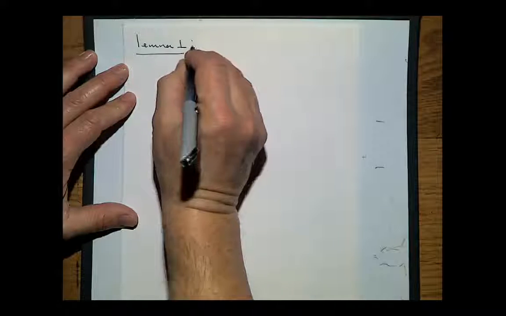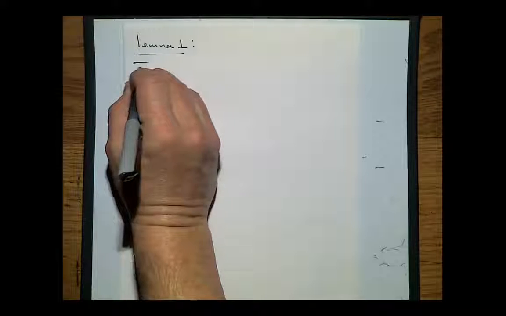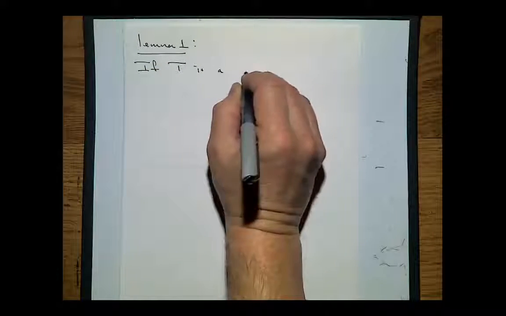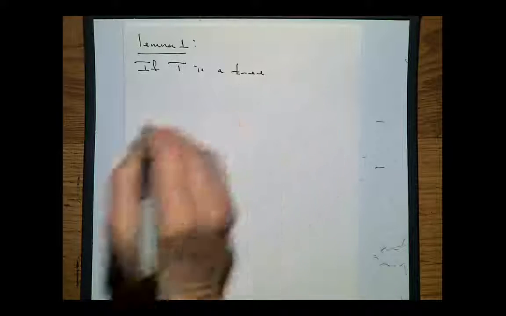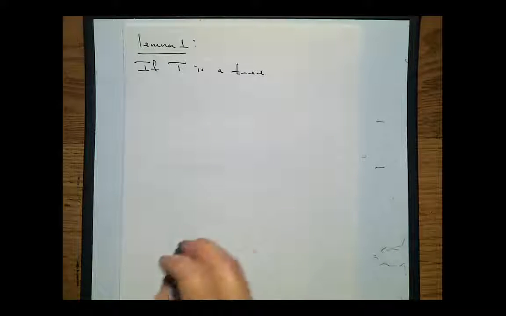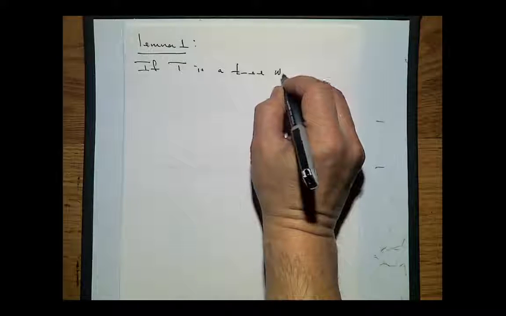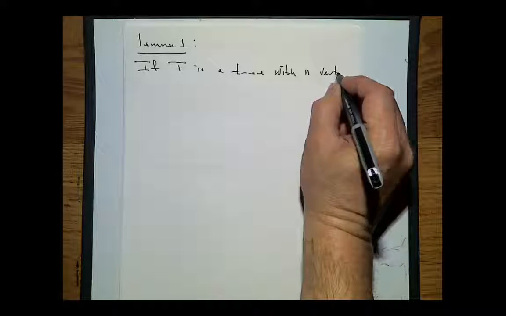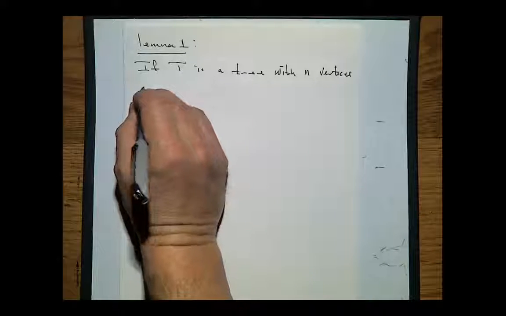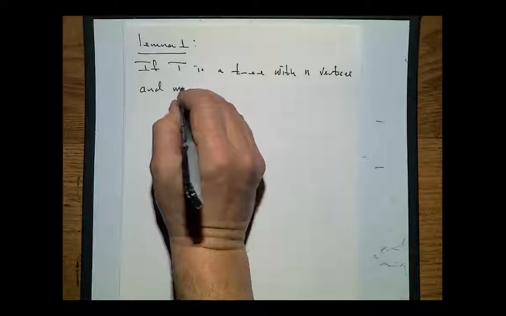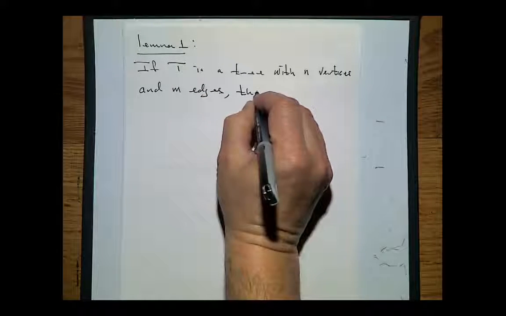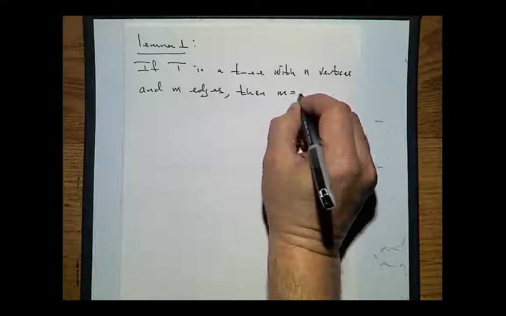Lemma 1 in the handout says this: if T is a tree with n vertices and m edges, then m equals n minus 1.